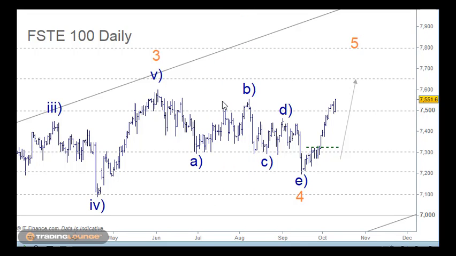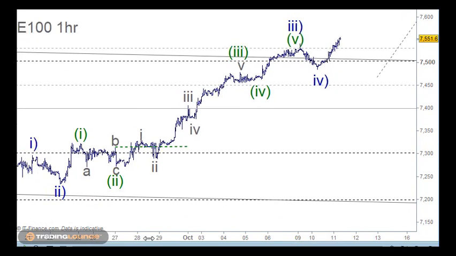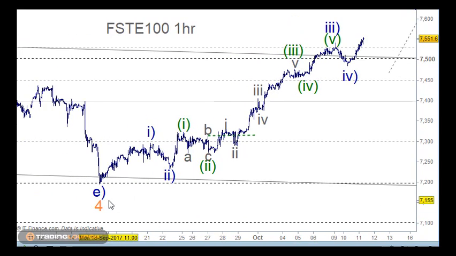So I'll just go onto the hourly chart where we've been working from here, and I'll just go to the beginning of the trend. So we were looking at wave 1 and 2 here, and then 1 and 2, and then 1 and 2, and then 1, 2, 3, 4, 5 to the third wave here, then up for the, you know, I'm still a bit funny about this.